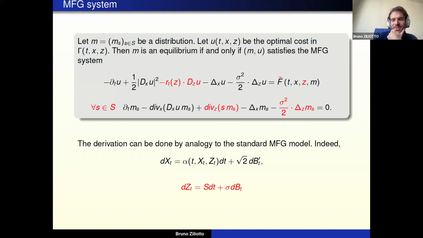Thank you for the question. To be honest, we have not really thought much about it, so we don't know much about the technical difficulties. One potential difficulty would be to investigate how this product structure of MS persists with the switching state, like the fact that MS can be written as a product.